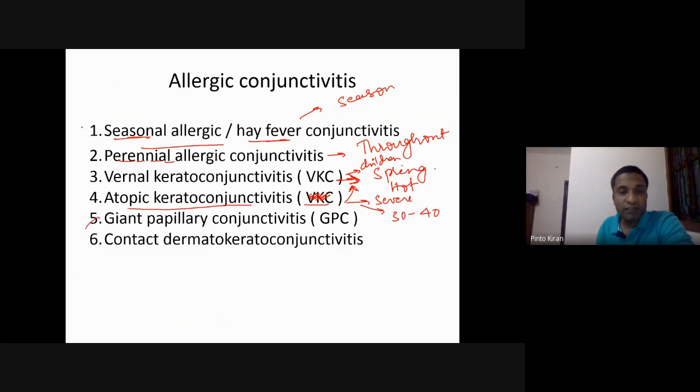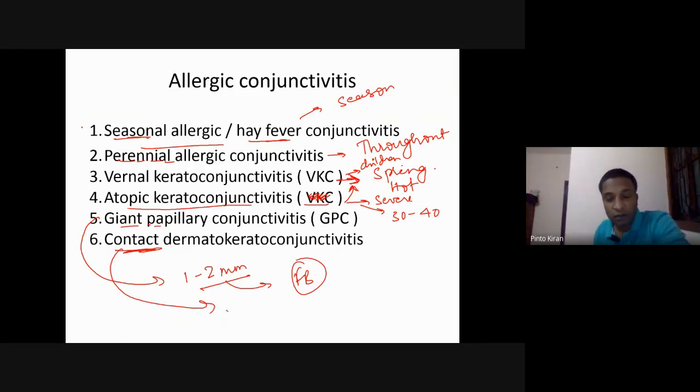Giant papillary conjunctivitis, as the name suggests, will have very big papillae, in the dimension of 1 to 2 millimeters in size, and normally occurs because of any kind of foreign body reaction, which we will discuss in detail. And the sixth option is contact dermatoconjunctivitis. Suppose you put in dilating eye drops, and a person is very sensitive to that dilating eye drop, he will develop a contact dermatoconjunctivitis. Very simple.